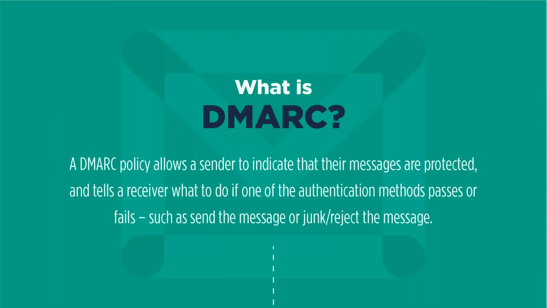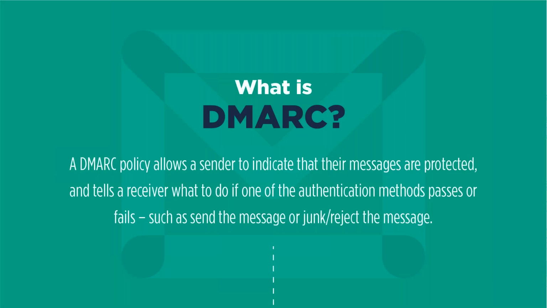All right, but specifically with DMARC, you're creating a DMARC policy. As a sending organization, you create a policy, and in that policy, you define that all my messages are being protected. This is what I'm using to protect my messages, right? And we'll talk about the different authentication mechanisms that are used and what each of those does. Then the receiving side is going to say, okay, looks like you have a DMARC policy for your domain.